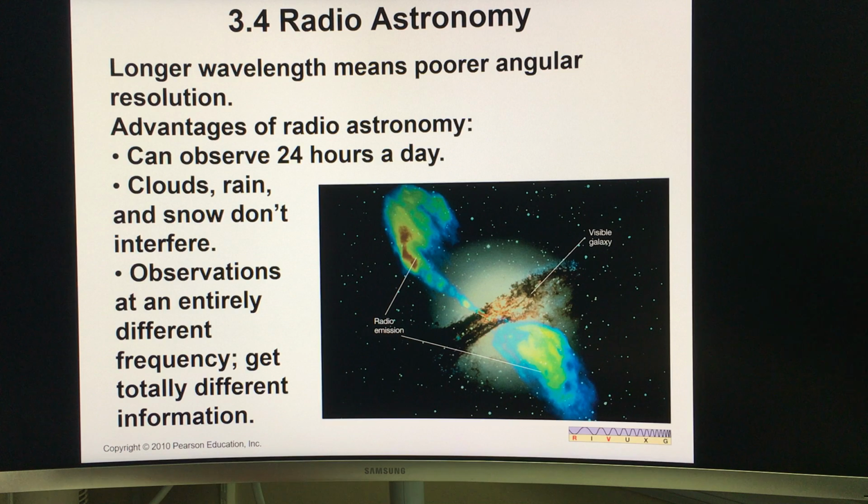But the advantage of radio waves is that they can be observed 24 hours a day, and clouds, rain, and snow are not going to interfere with the observations. The observations are at a very low frequency, so we can get totally different information, such as using radio telescopes to collect information to find out whether there are indeed aliens in space or not.